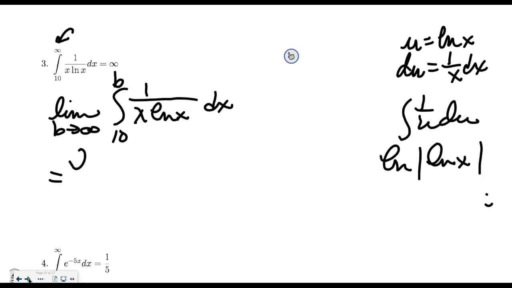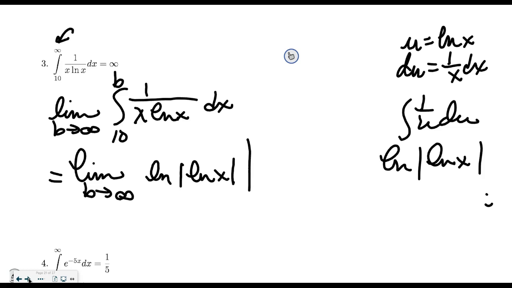So I'm just going to go over here. If you want to show it nice and neat, that's perfectly fine. I still am going to have natural log of, absolute value, natural log of x from 10 to b. Now, if you left it as u, you'd have from ln 10 to ln b. Do we see why it doesn't matter?